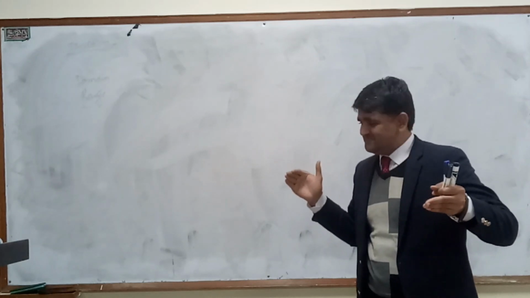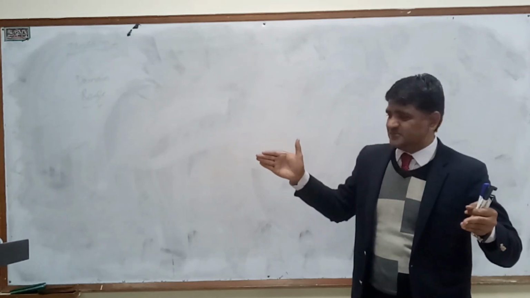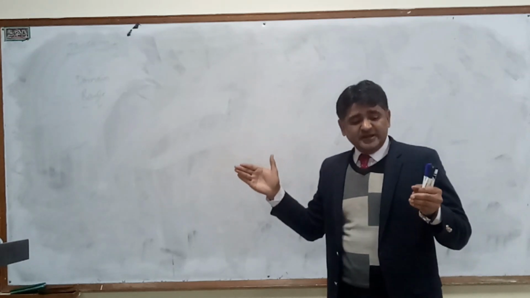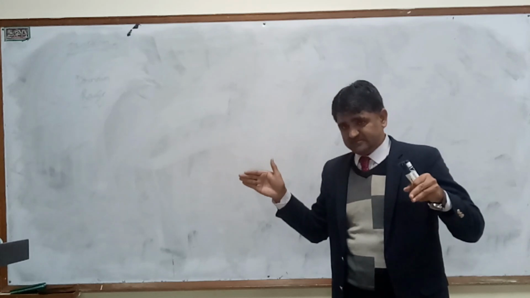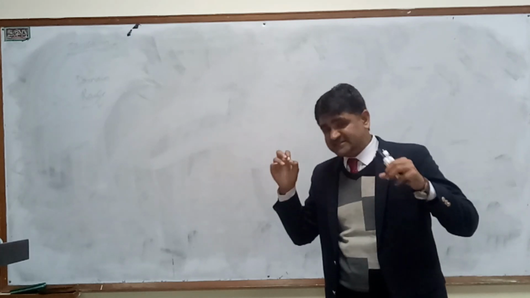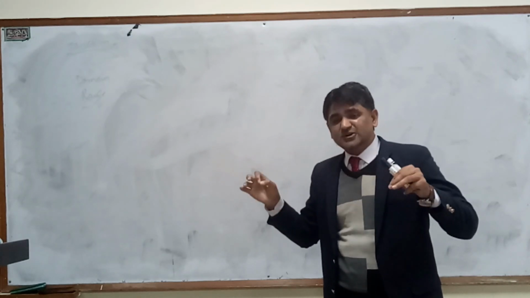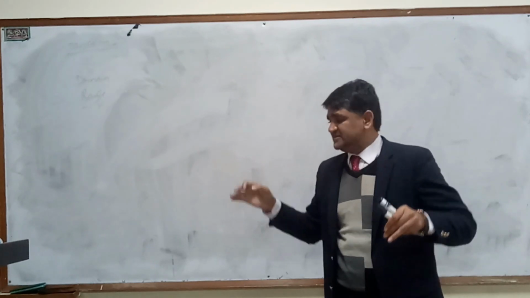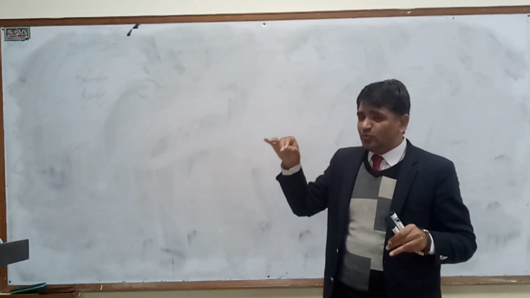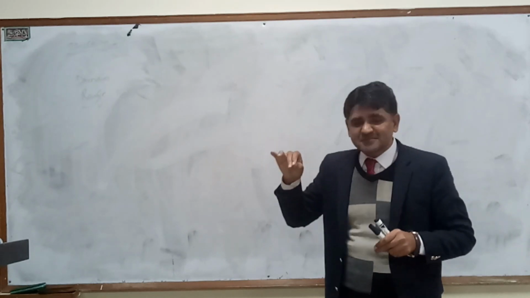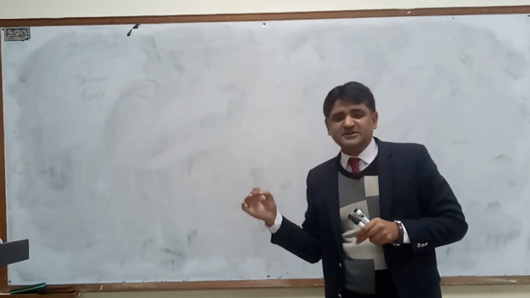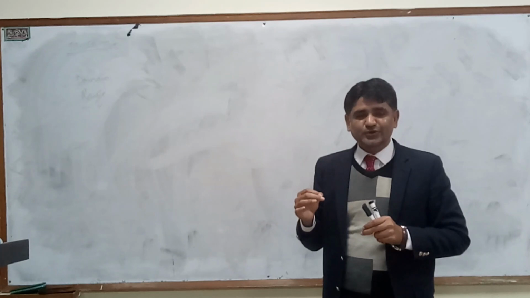One is minimum, second one is maximum. Minimum and maximum, it means here are 2 inputs. So what is the restricted domain? Minimum and maximum input is called restricted domain.